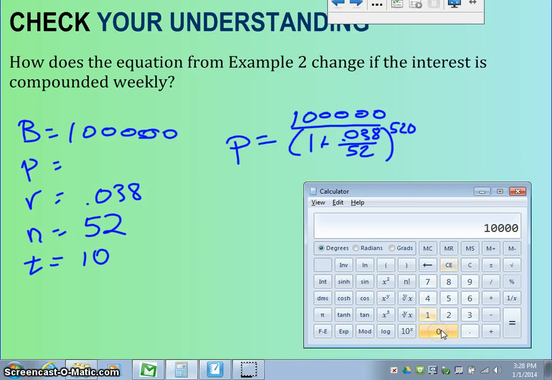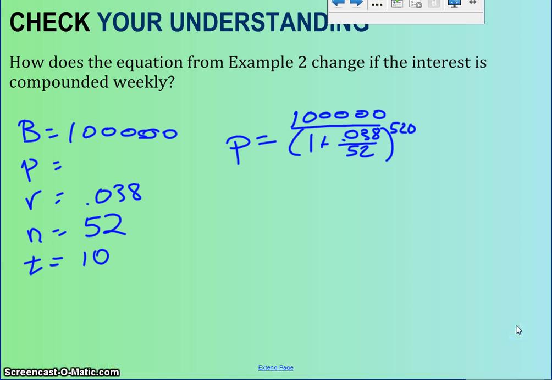So, starting here, I've got $100,000 divided by 1 plus 0.038 divided by 52, all to the 520th power. And if you look here, it's not much difference. It's $68,395.63. So we're looking at a difference of about $8.